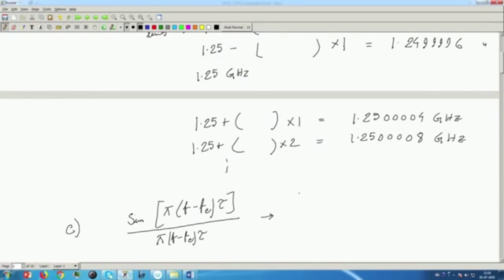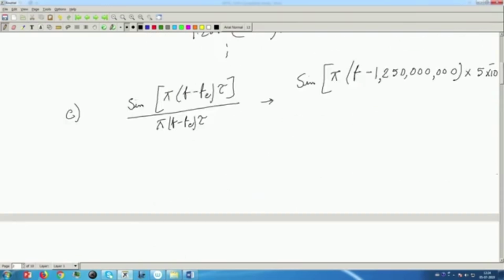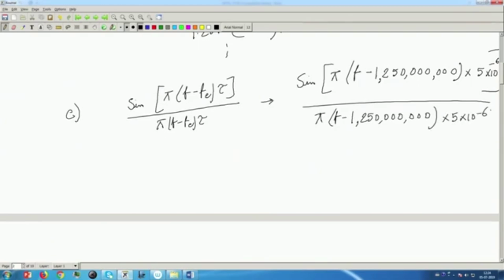So, in our case this will be sin of pi (f minus 1.250 gigahertz) into 5 into 10 to the power minus 6, divided by pi into (f minus 1.250 gigahertz) into 5 into 10 to the power minus 6. So, this will be the shape.